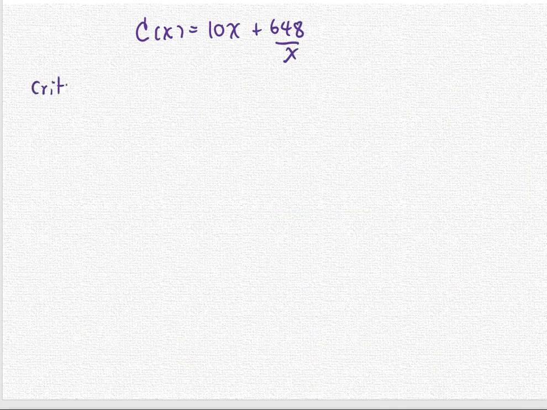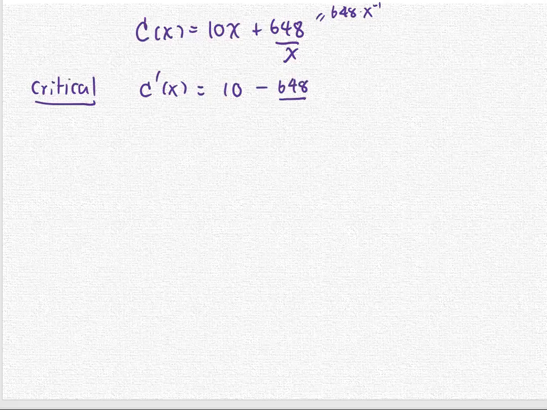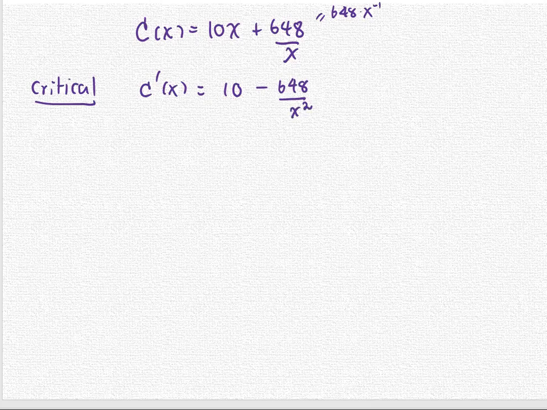Find the critical number. C prime: we get 10, and this is similar to the last situation, 648 multiplied by x to the negative first. So the derivative is negative 648 divided by x squared.